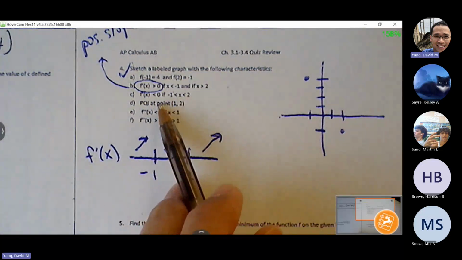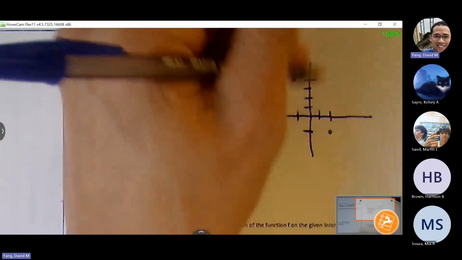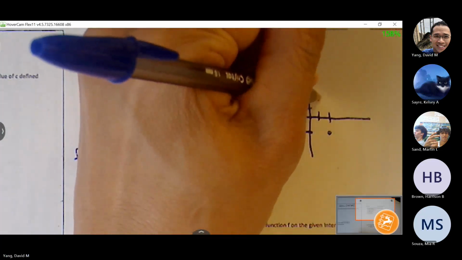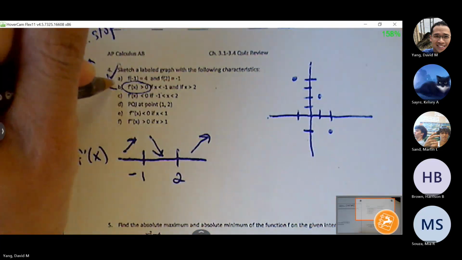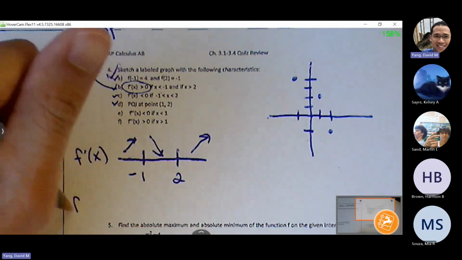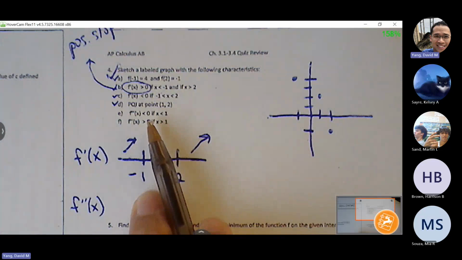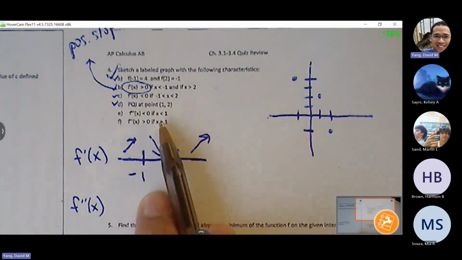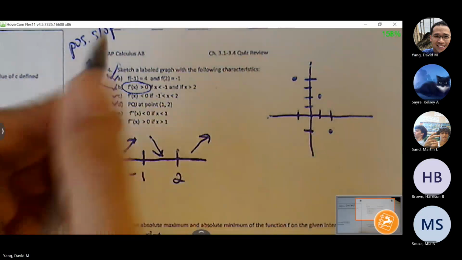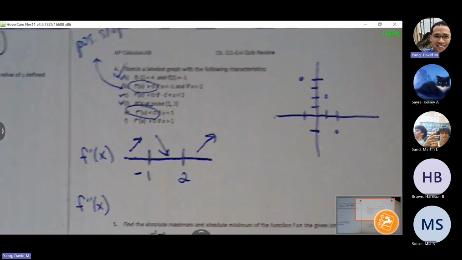Okay, part D, there's a point of inflection at (0, 12), so that's another ordered pair that we can put onto our graph. Took care of A, B, C, and D. We just have E and F left. F double prime of x is less than 0 if x is less than 1. What's another way of saying f double prime is less than 0?